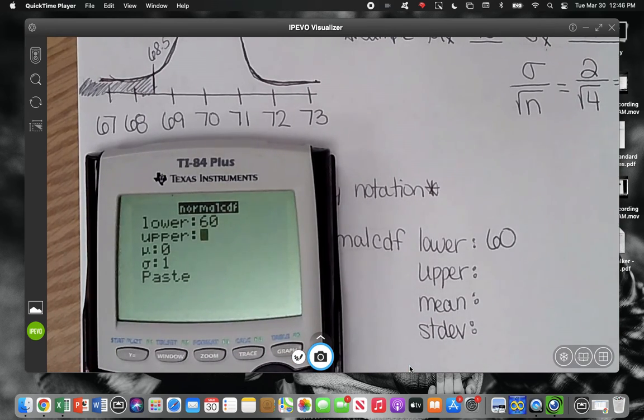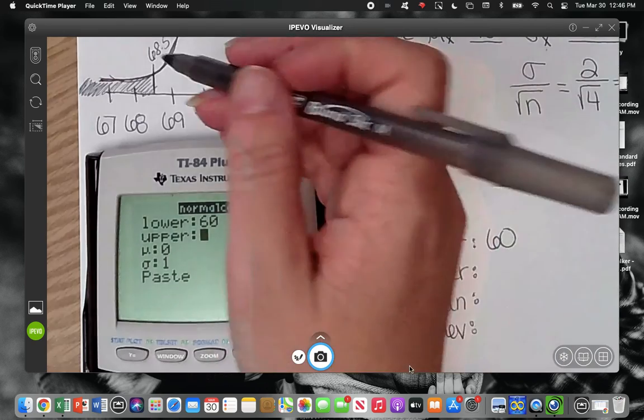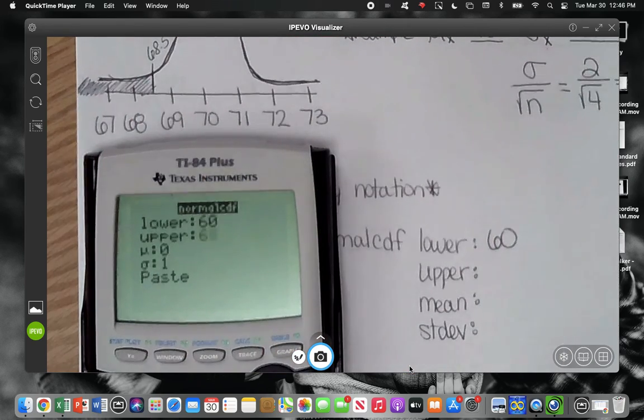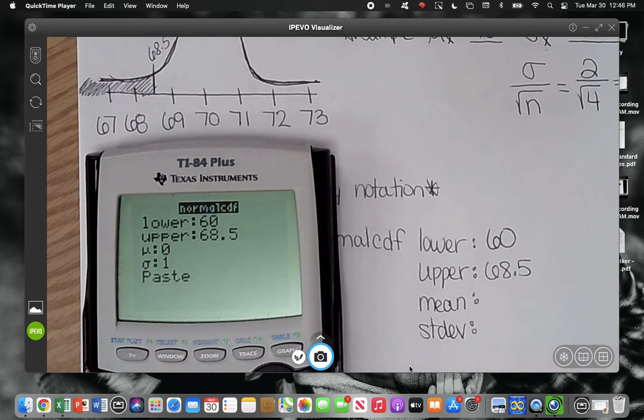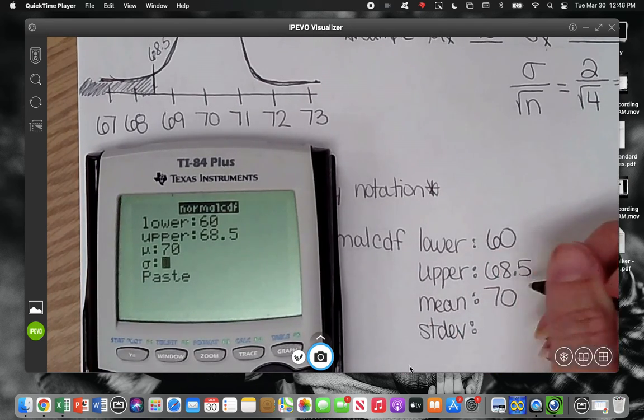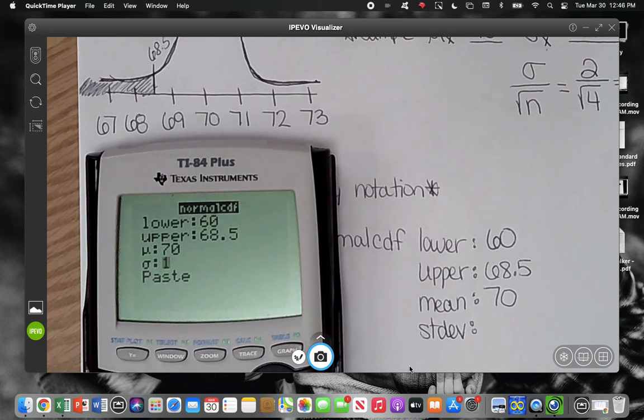Now, what's the largest value we shaded? 68.5 is our upper. And then your mean and standard deviation come from the sample. So our mean is 70. And what was our standard deviation from the sample that we got from the formula?